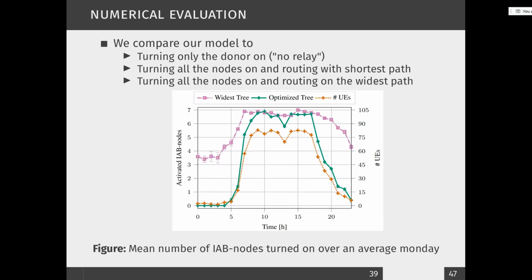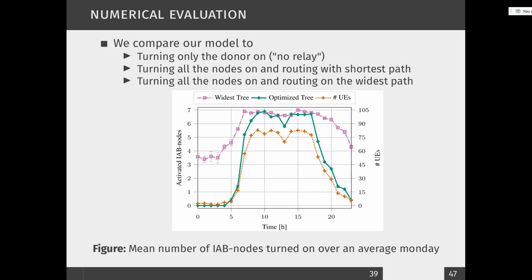And basically what we show, so the main result, is that we activate, so this result is an average over Monte Carlo runs. So we activate fewer base stations than the widest tree approach. And of course, we cannot compare in terms of number of base stations to no relay because it's only one, and to the shortest path approach because it always has all the nodes turned on.